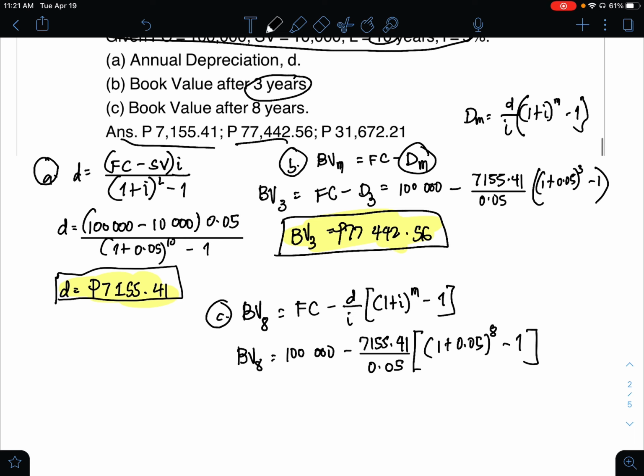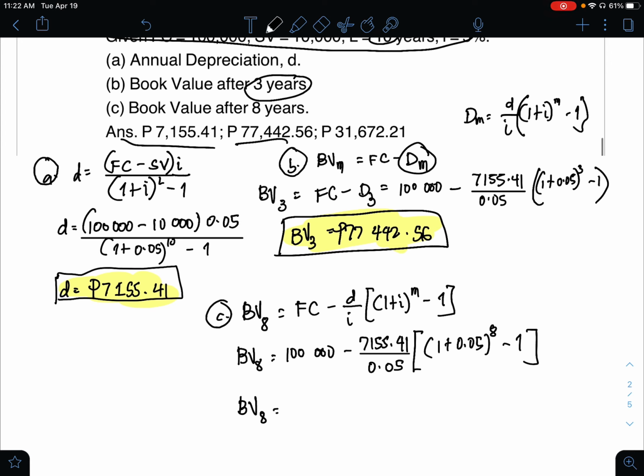So, using our calculators, we can find the book value at 8 years as 31,672.21. And that's approximately that. No? Kasi I instructed you to include all the decimal places in the calculators. So starting diri pa lang, dapat all the decimal numbers.